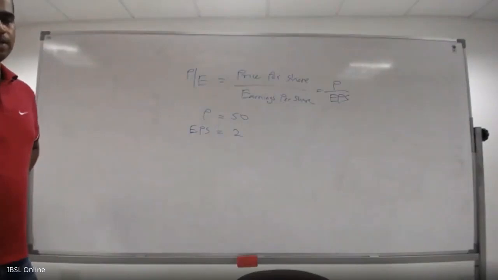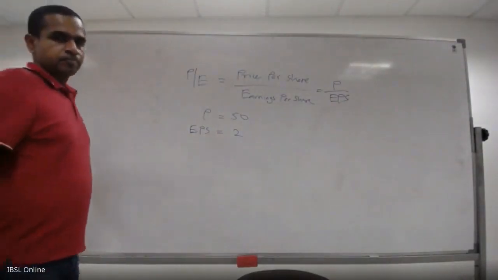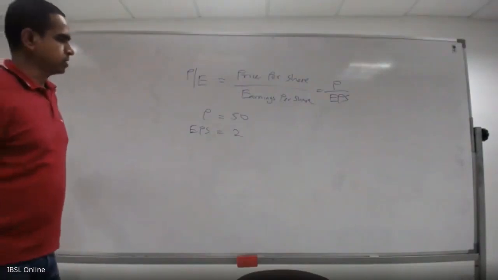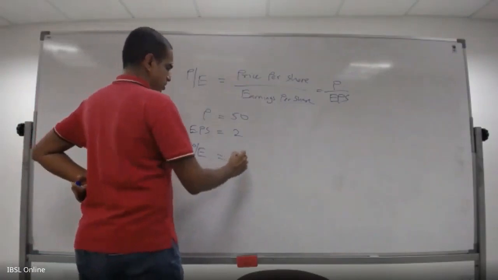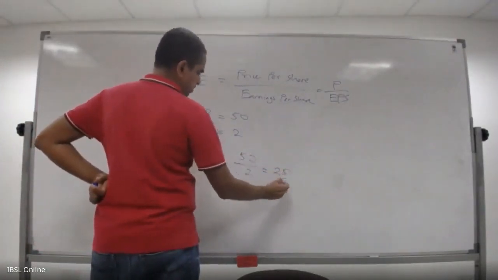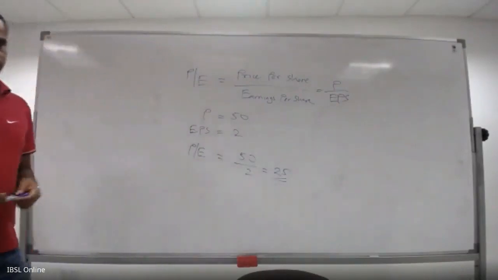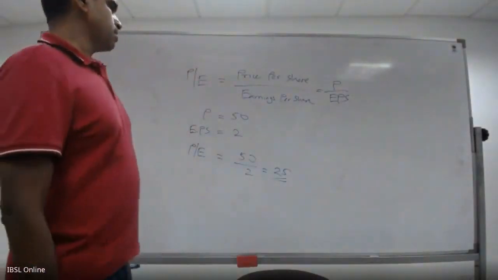You are asked to calculate the PE multiple. So very simple. PE ratio is the price of 50 divided by earnings per share of 2. PE multiple is 25. So MK Technologies has a PE multiple of 25.